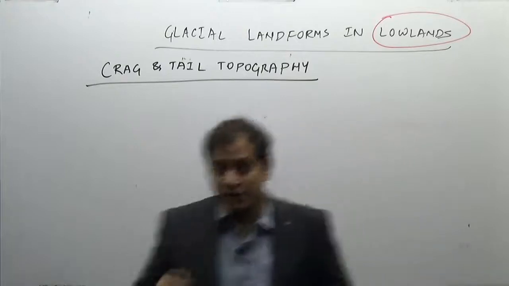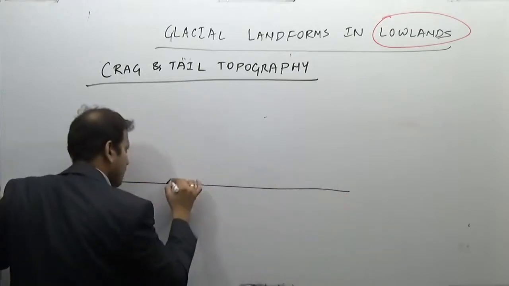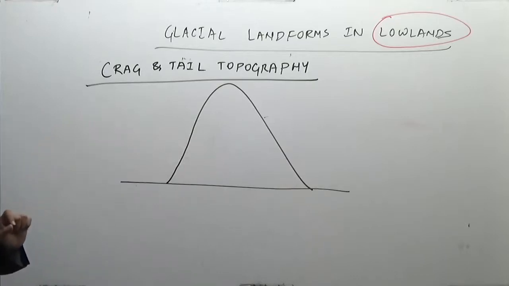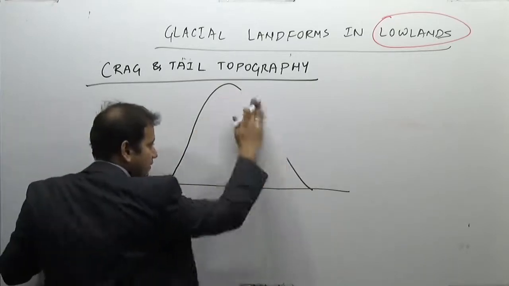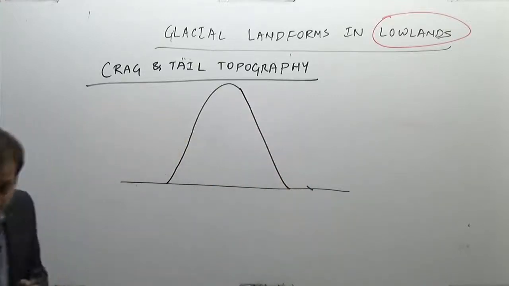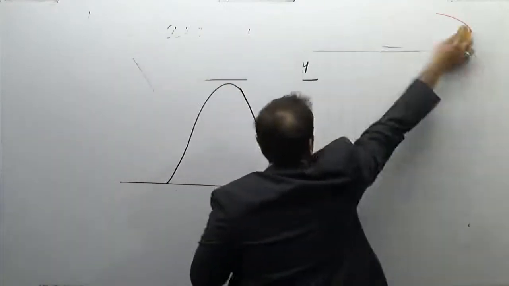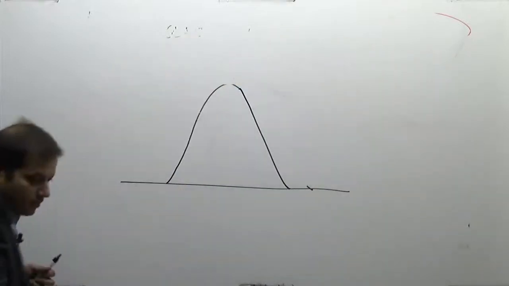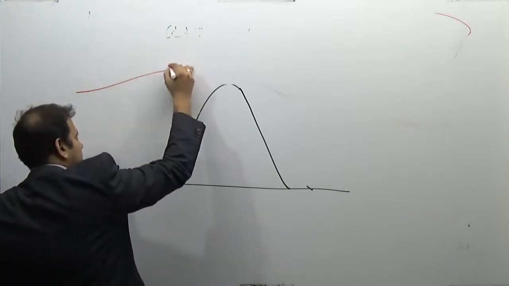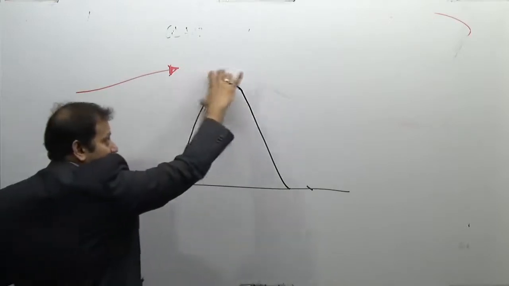Now look here how it happens. Suppose this is an individual rock which cannot be eroded away by a glacier. Such an individual rock is known as a crag. This is a resistant rock which could not be eroded by the glacier. The glacier is moving in this direction. It cannot erode the individual rock, and after that the glacier moves downwards.